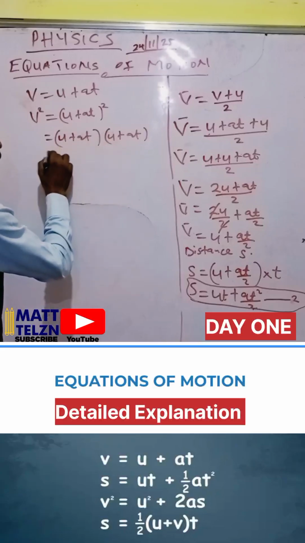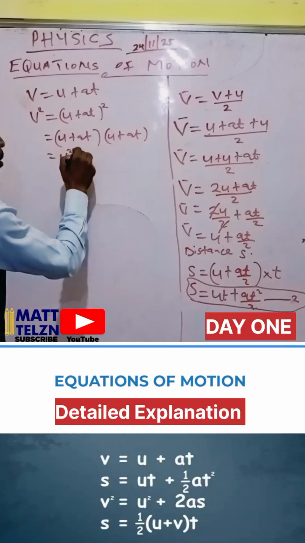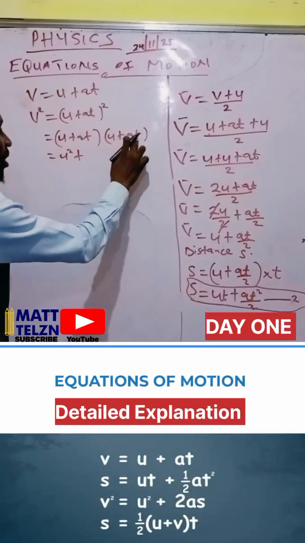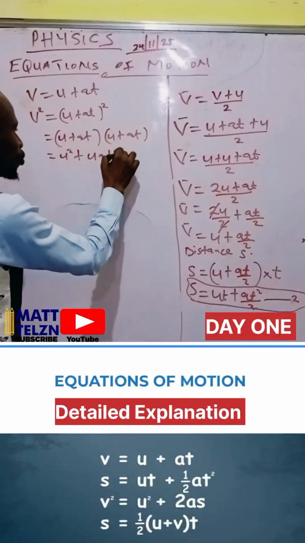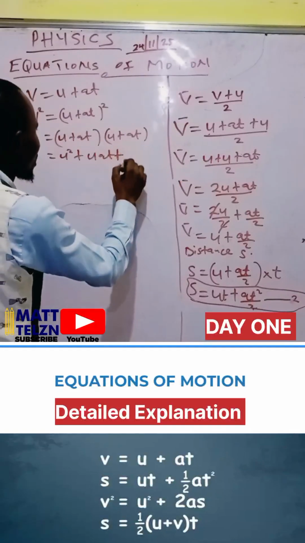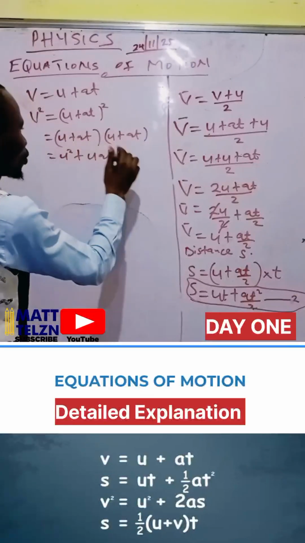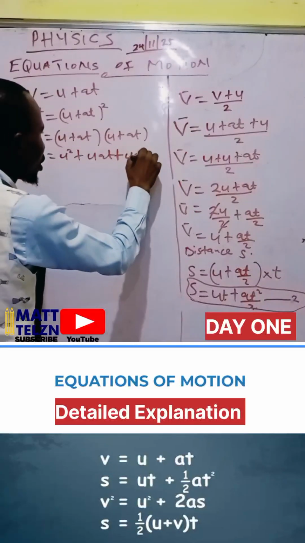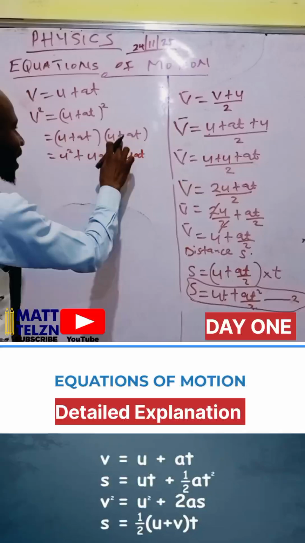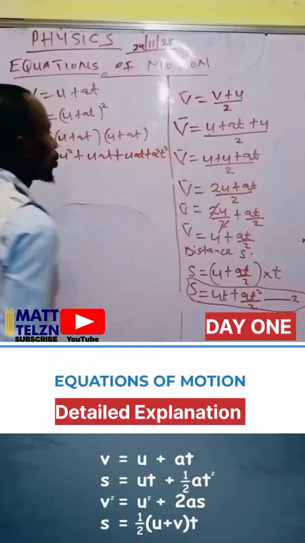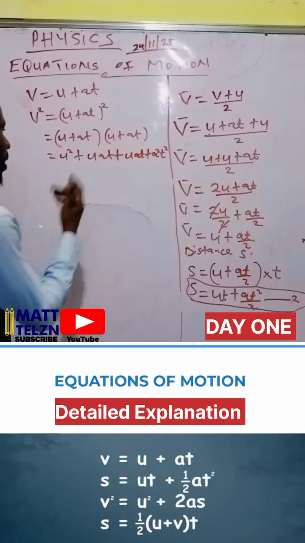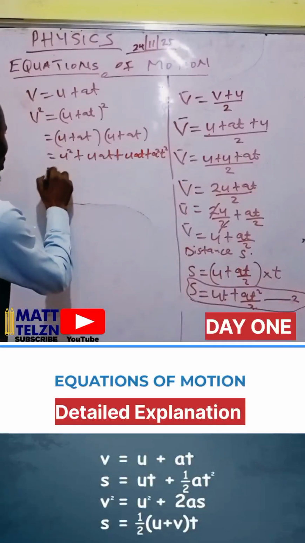u times u, I'm going to have u squared, plus u times at, plus at times u, plus at times at, which is a squared t squared, right? Good. Let me simplify it more. What is common?